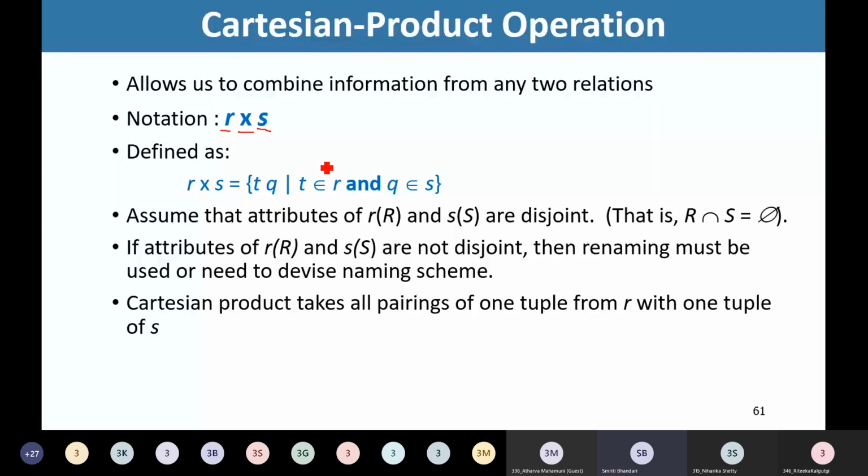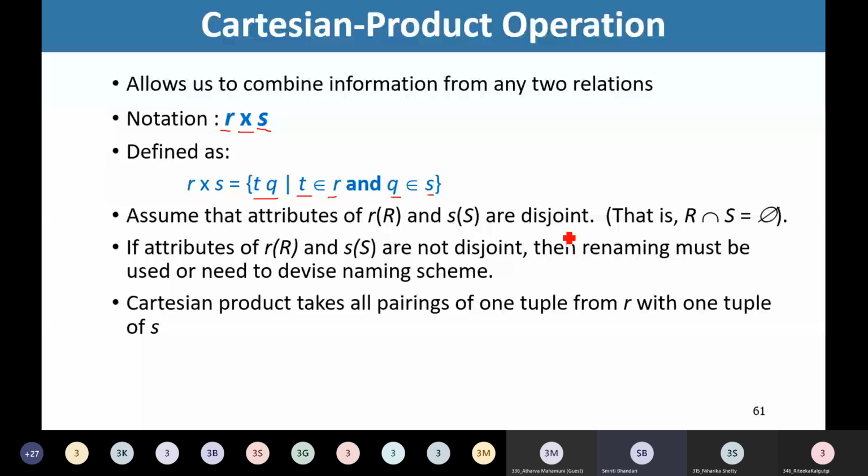And formally, it is defined as a set of tuples of the form tq such that t belongs to R and q belongs to S. We have seen this definition earlier.